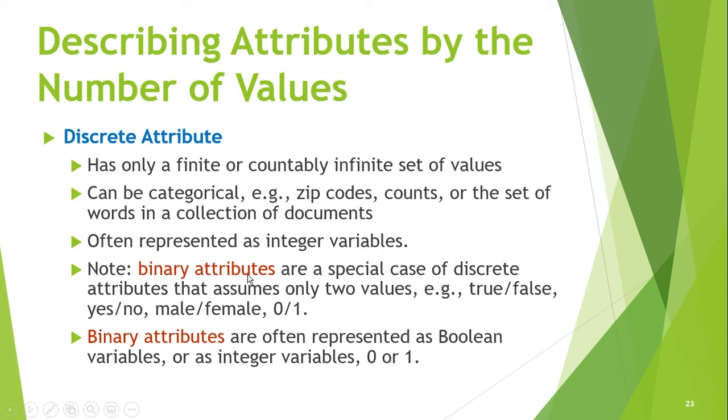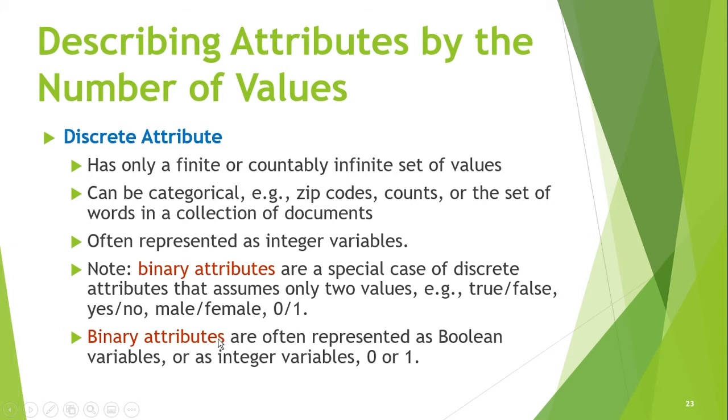But take note, binary attributes are a special case of discrete attributes that assumes only two values. Pwedeng true and false, yes or no, male or female, 0 and 1. Ang tawag dun sa mga ganon, yung special case of discrete attributes that assumes only two values, we call that binary attributes.